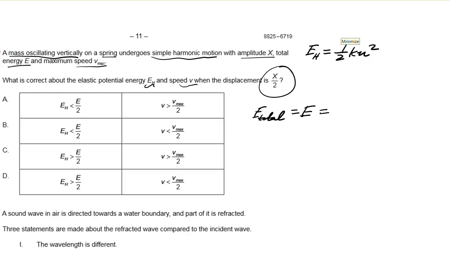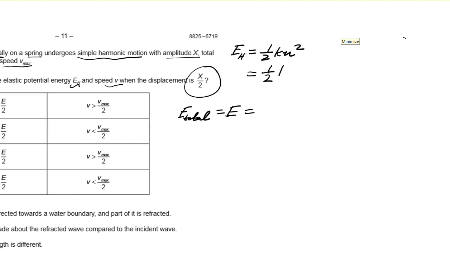And when x is equal to the amplitude, that is our total energy, right? Let's say we have a spring, let's just draw, and we have our mass. When it is at its amplitude, say this is its equilibrium, it has zero velocity, which means zero kinetic energy, right?